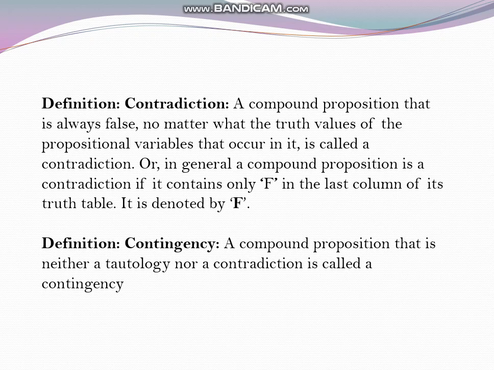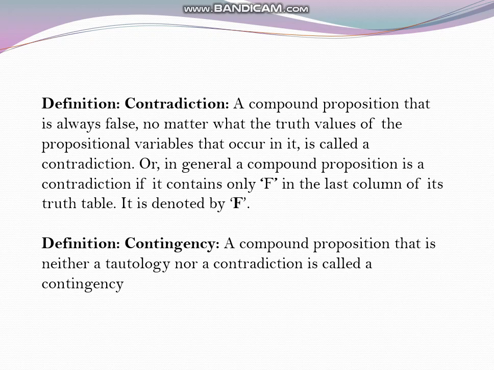It is denoted by F. That means when the truth table is constructed and we have F in the last column, it is a contradiction. In all possible values of T and F, we are getting the truth value as false for that particular compound statement.